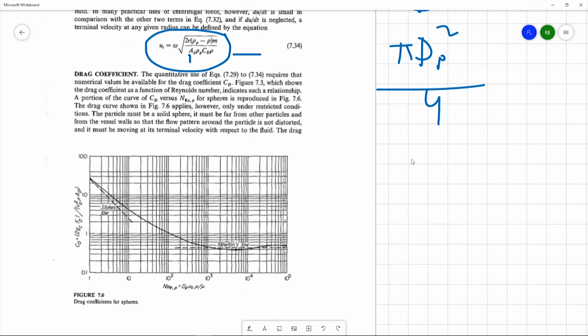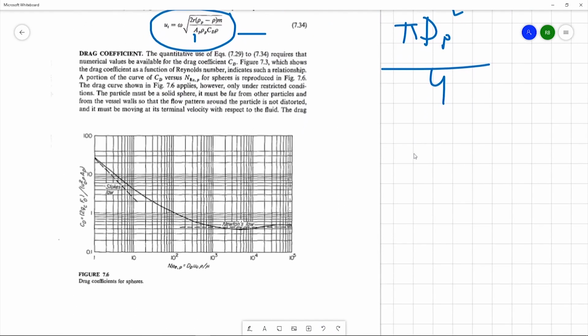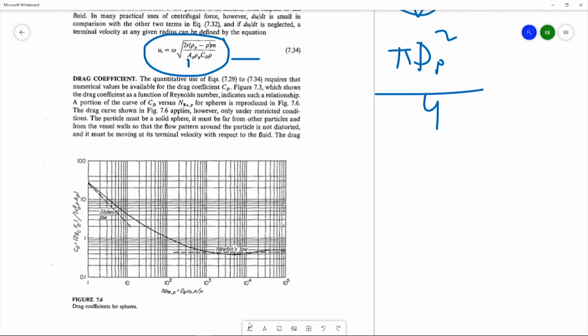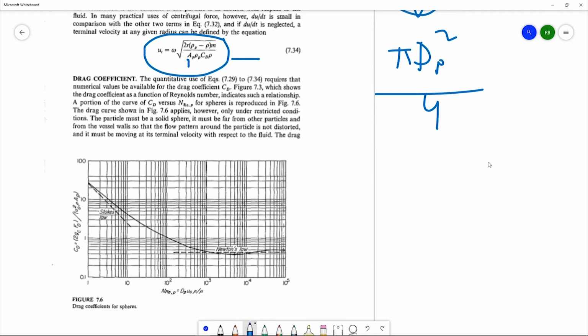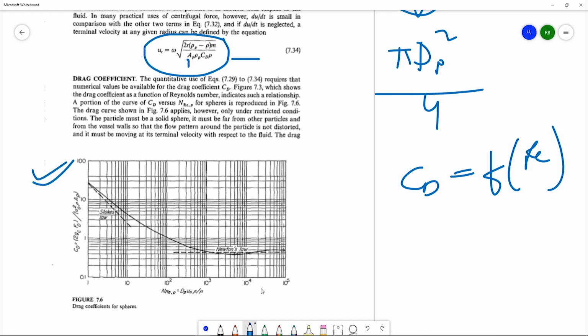Now the drag coefficient, as we discussed earlier, CD was a function of Reynolds number, right? We already discussed this in the previous class. So if you see this figure, on the x-axis we have Reynolds number, and here we have drag coefficient, right?